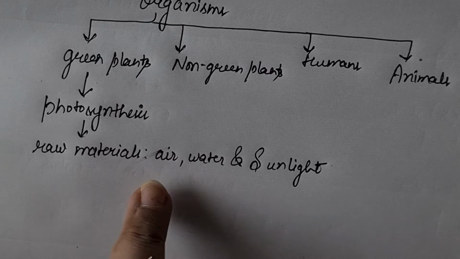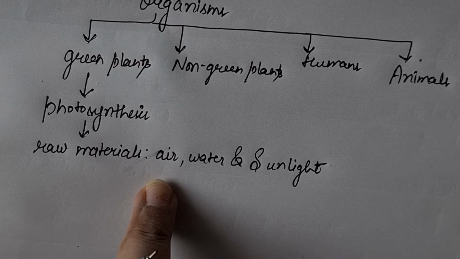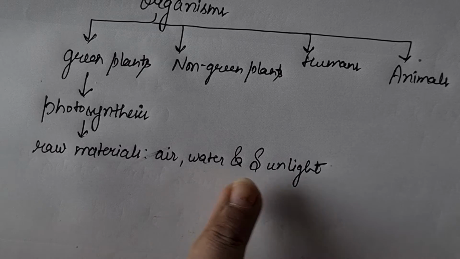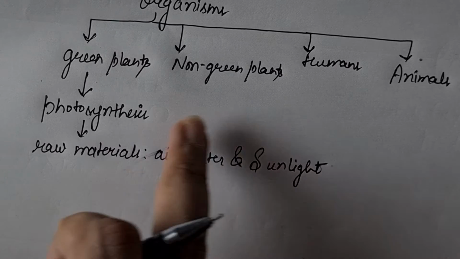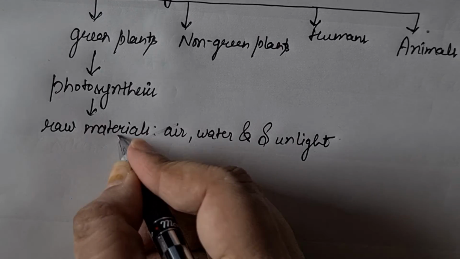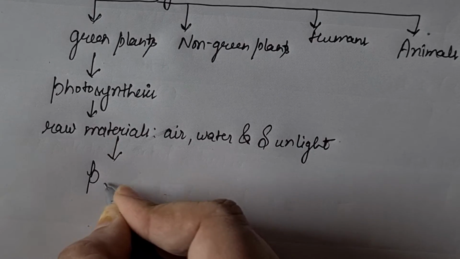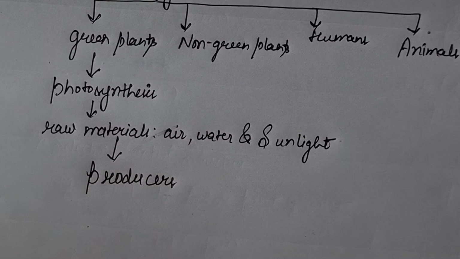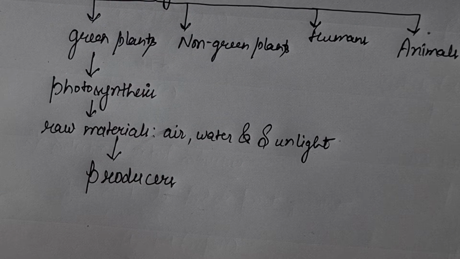With the help of stomata, they take air. With the help of chlorophyll, they take sunlight and water. Then they make their own food. That's why they are known as producers. Green plants are known as producers because they produce their own food.